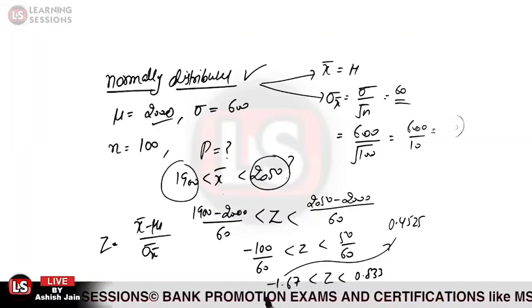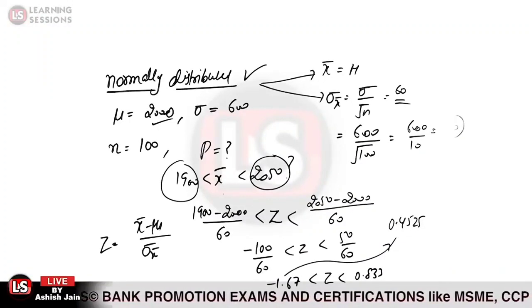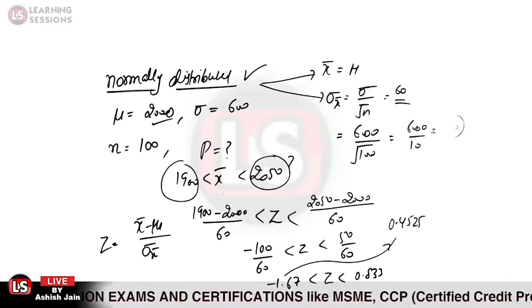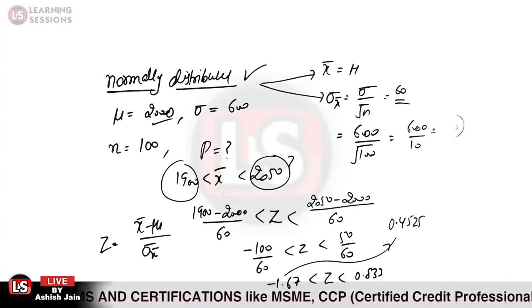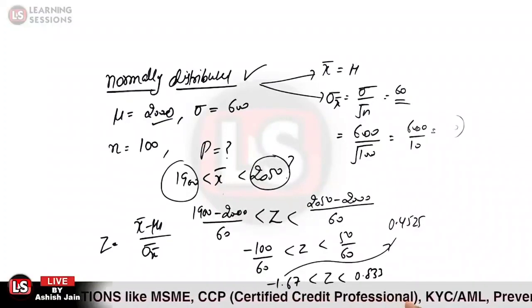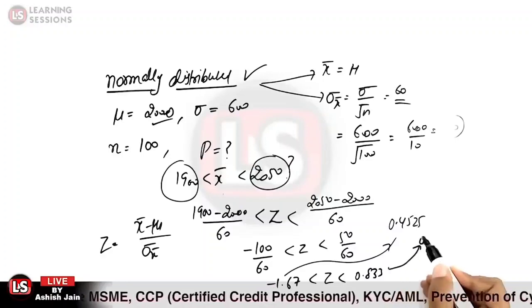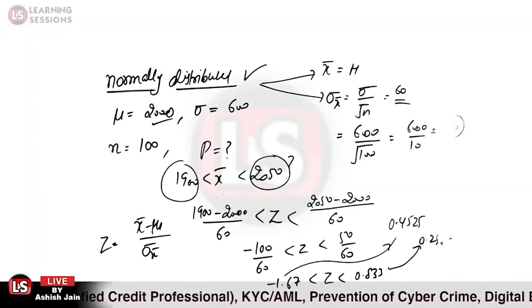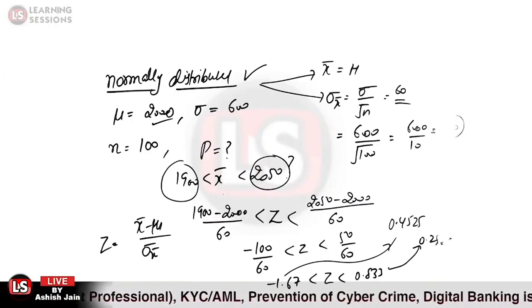We will not be considering the minus sign when writing the Z table value. So it is 0.4525 for 1.67, and for 0.833 it is 0.2967.